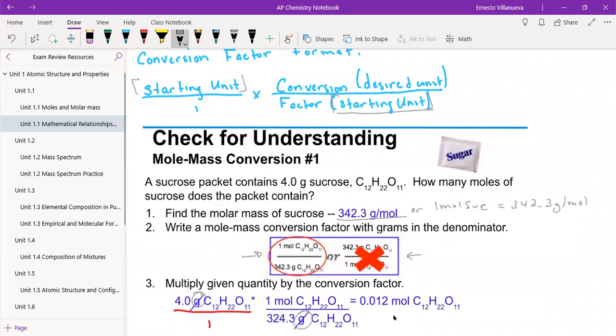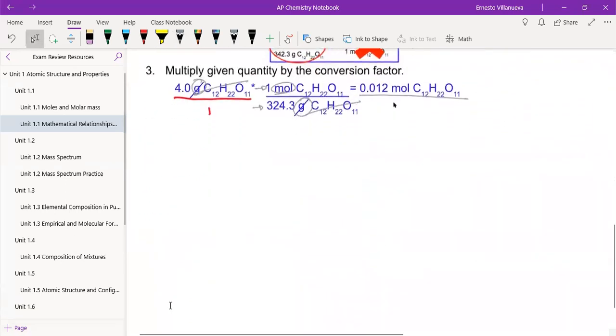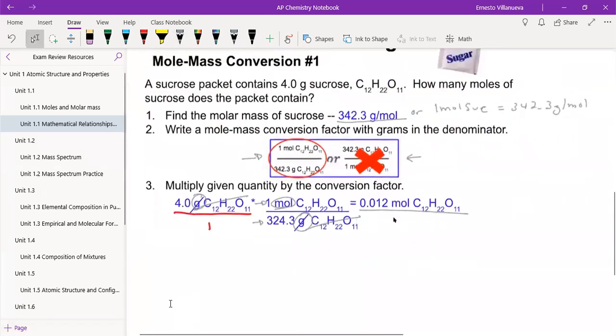Because those grams cancel out and you're left in moles, which is your desired unit. If you multiply straight across and divide at the end, you end up with 0.012 moles of sucrose in 4 grams of sucrose, or a sugar packet. And that's all it is, guys: the molar mass is the conversion factor that we use to convert from grams to moles or moles to grams, okay?